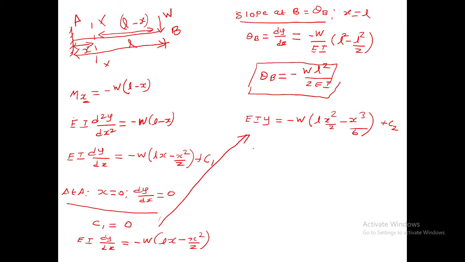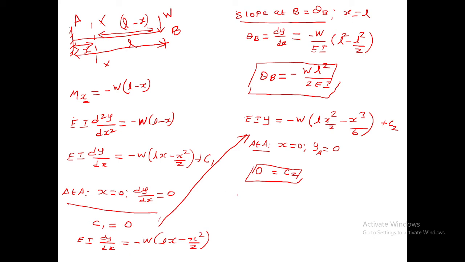Then at point A, x equal to 0, the corresponding deflection equal to 0. So 0 equal to C2. C2 is 0.